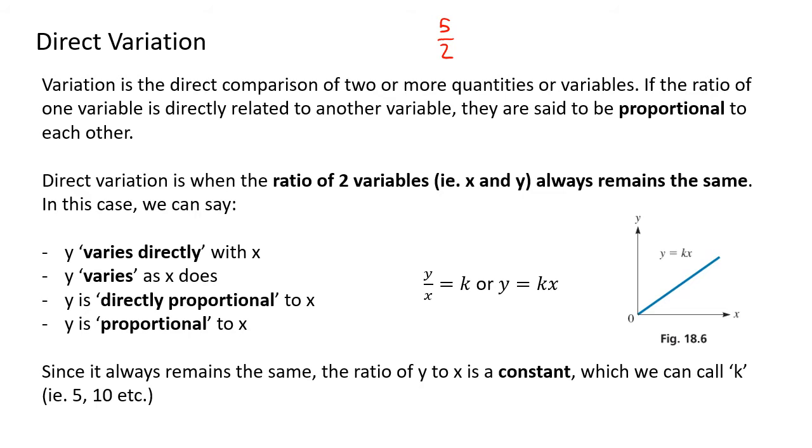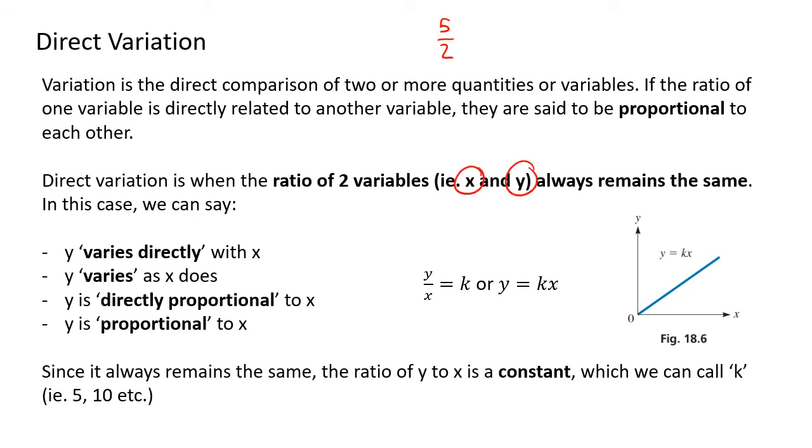It's called direct variation. I'm going to talk about direct and inverse variation as the last 2 items in this lesson. Variation is when you're directly comparing 2 or more quantities and variables. In this case, I've called them one variable x and one variable y.